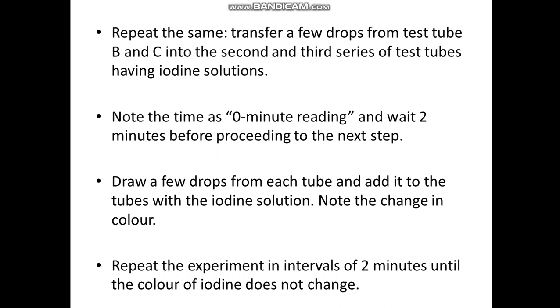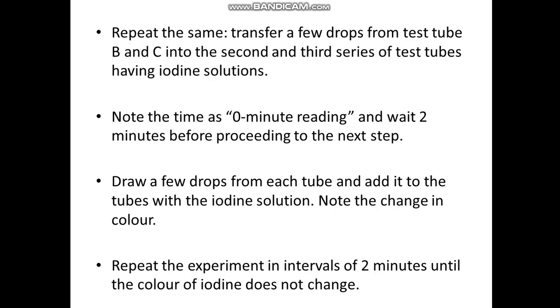What is the first color? What is the color before 2 minutes, and what is the color after 2 minutes? We have to repeat the experiment at intervals of 2 minutes until the color of iodine does not change. So this is the procedure we have to follow to see the effect of temperature on salivary amylase.